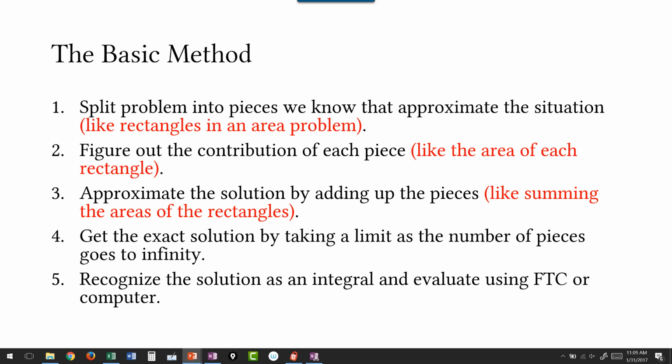Finally, we recognize that what we've done is in fact the Riemann integral, which allows us to then evaluate it using the fundamental theorem of calculus, one of the methods that we've been studying, or in some cases we'll turn it over to a computer to find the value for us.